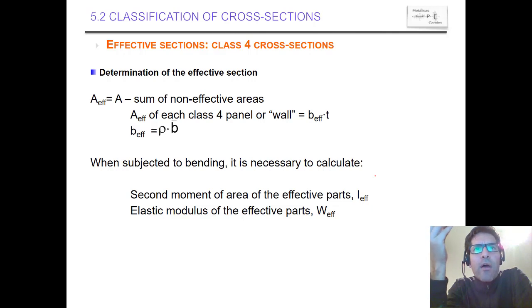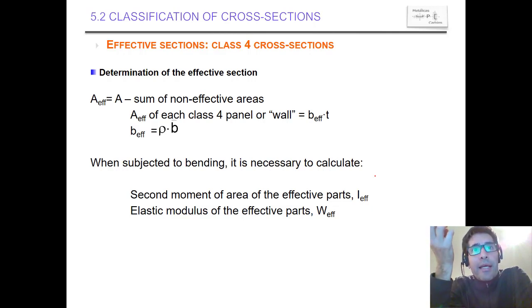So what we need to do now is to calculate rho. Calculate rho as a function of lambda for all plates, for all panels, for all walls of a particular section. And for the determination of this value of rho, we need to take into account the type of loading, the boundary condition, and the material.